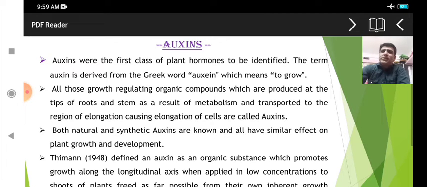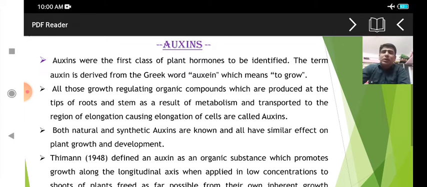These organic compounds are produced at the tip of the stem or the tip of the root, that is, at the initial position, which we can call the meristematic zone. These meristematic zones are capable of forming these compounds, which are known as auxins.